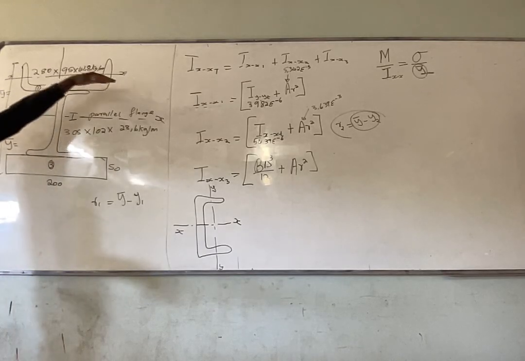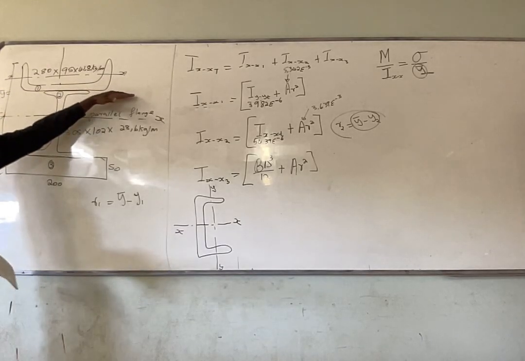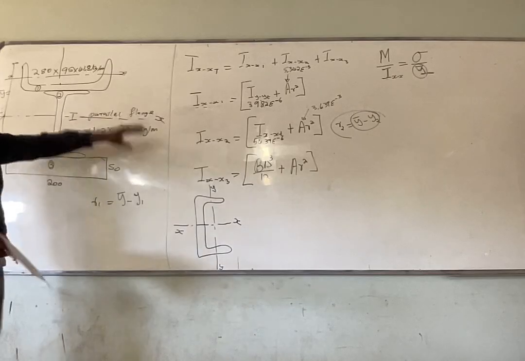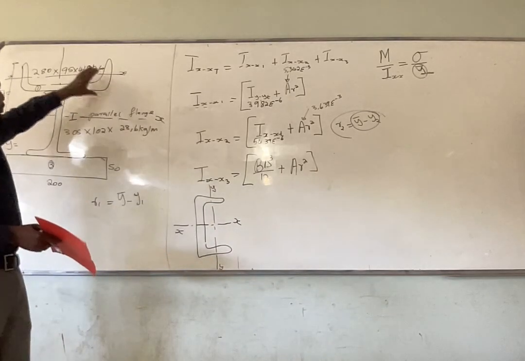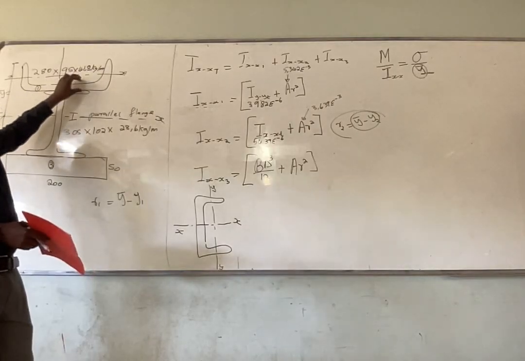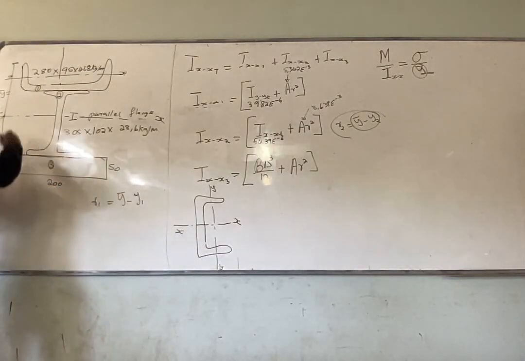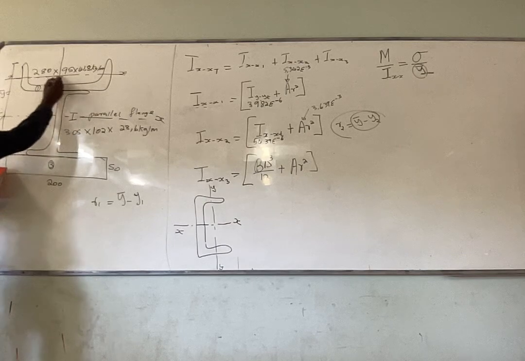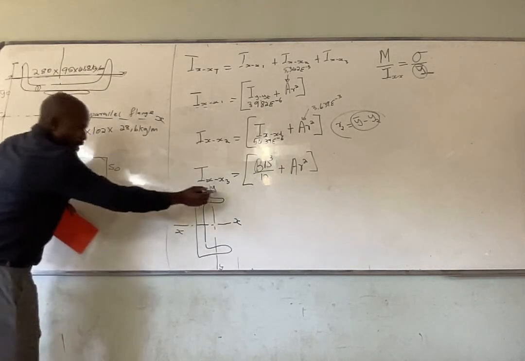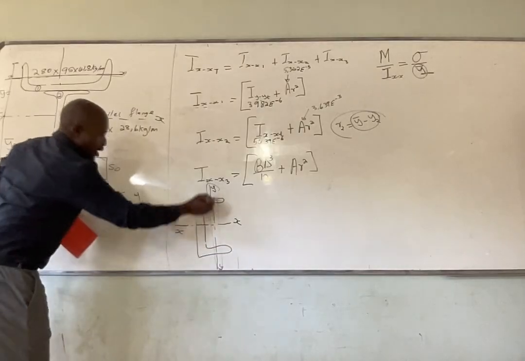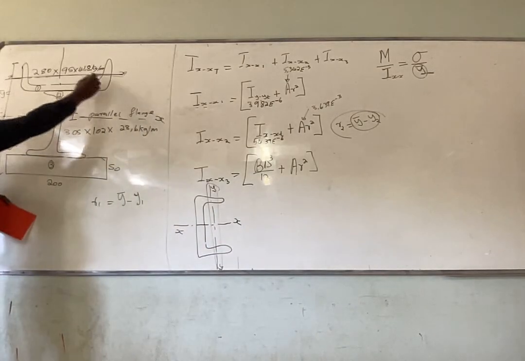Ixx, is it horizontal or vertical? Horizontal. So if you take this one, now you need to align with this one. Which value aligns with this one? The Y is the one which now is horizontal, right?